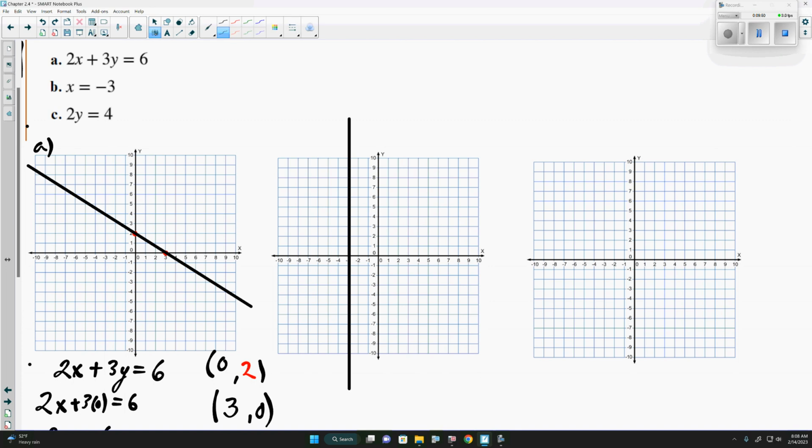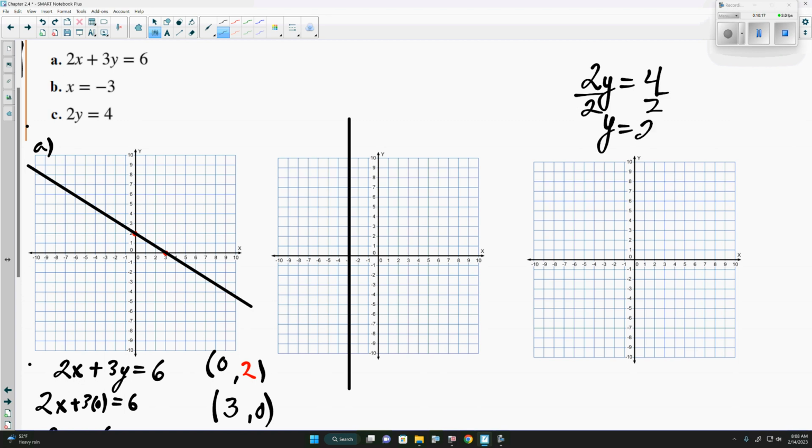And the last one, 2y equals 4. Now, when we have y equals, we don't have an x, we're talking about a horizontal line. Now, we will not draw a horizontal line at y equals 4, because we don't have y equals 4. We have 2y equals 4.